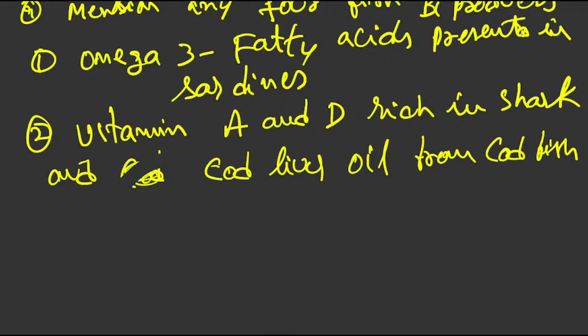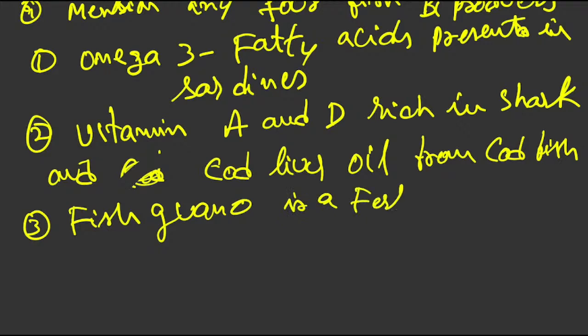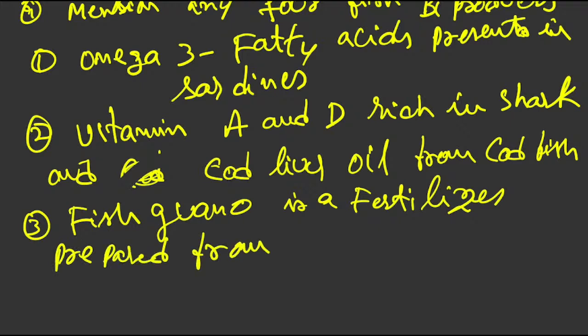Third one is fish guano. Fish guano is a fertilizer prepared from scrap fish.